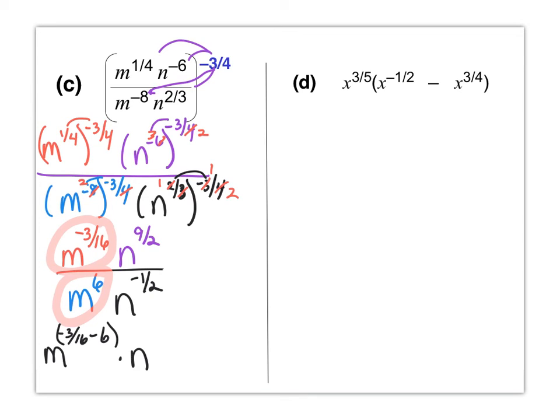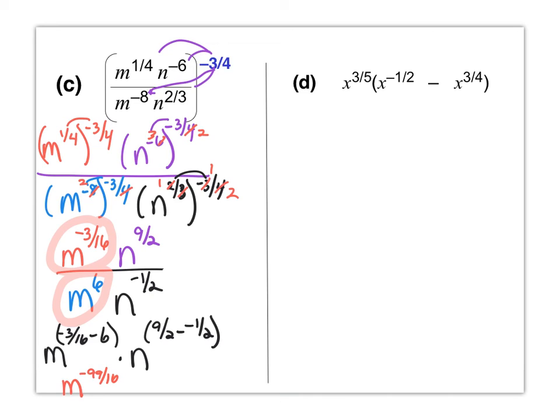N in the numerator and n in the denominator have the same bases, so we subtract those exponents using the quotient rule, 9/2 minus a negative 1/2. By simplifying those exponents, we get m raised to the negative 3/16 minus 6. You can subtract those and get m raised to the negative 99 over 16 power. Now you can use a scientific calculator with a fraction.